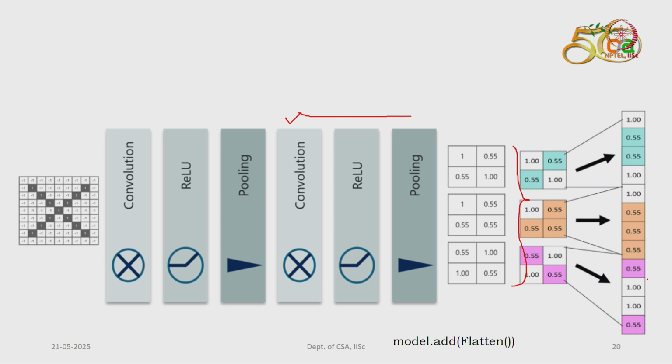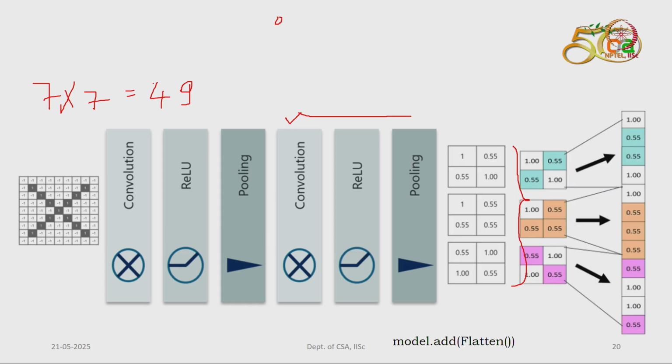Why are we doing this? Because if I consider the original input image, we had seen that it is 7 cross 7, which is 49, and let us assume it is grayscale, so it is 49.